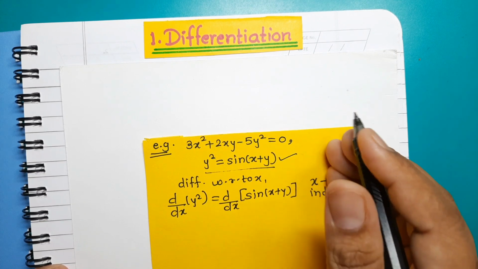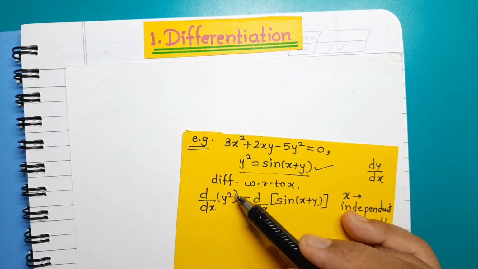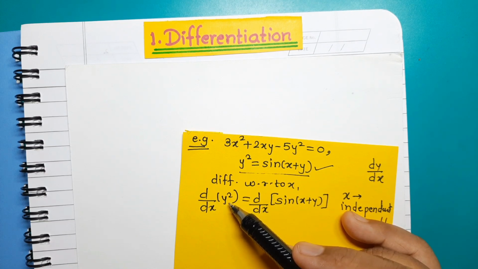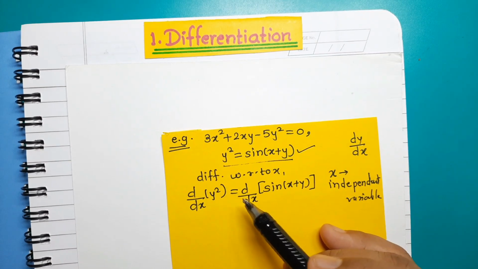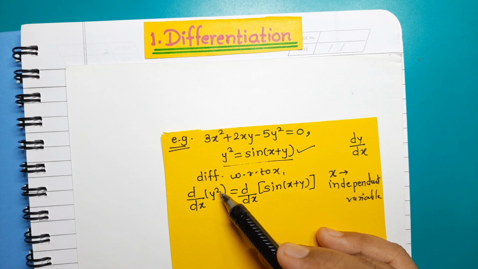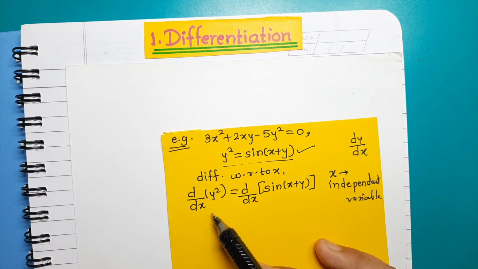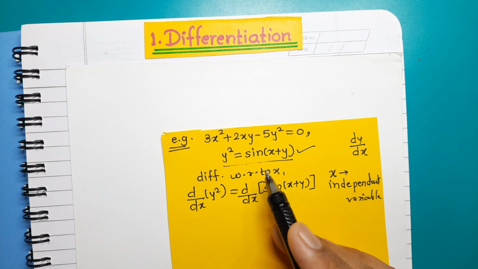Now you observe that the function to differentiate is y square. That means we have to consider this y square as a composite function. So it is something square. You treat it as something square and find its derivative using the derivative for x square.